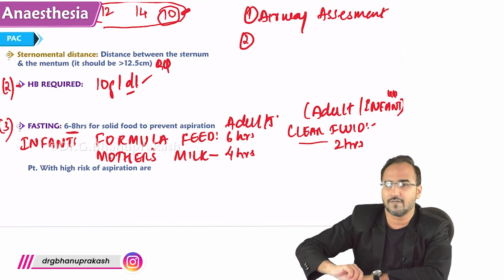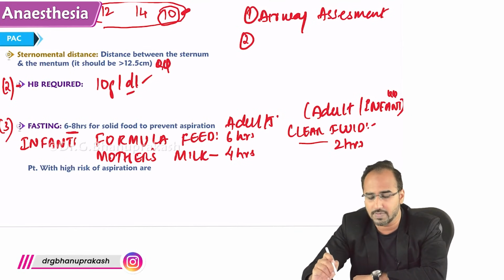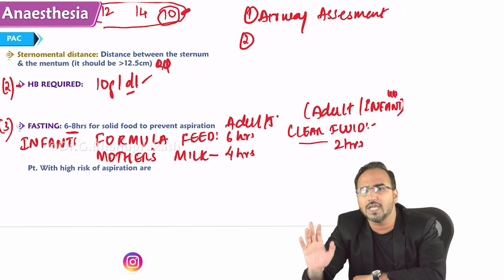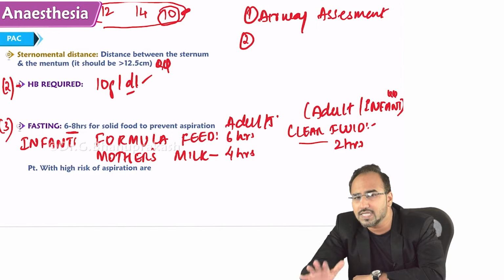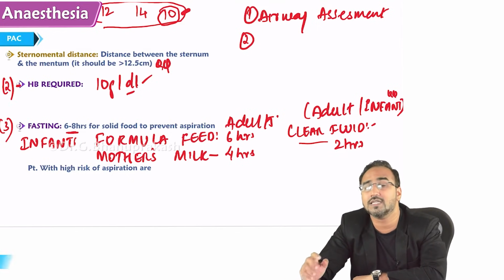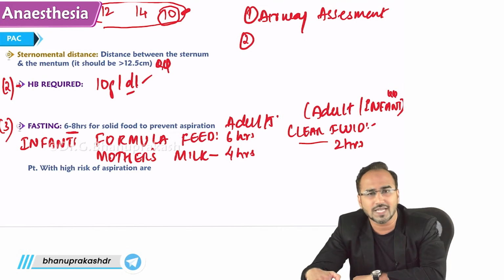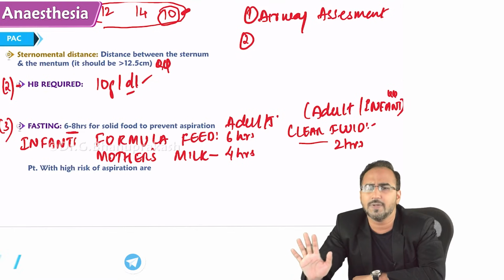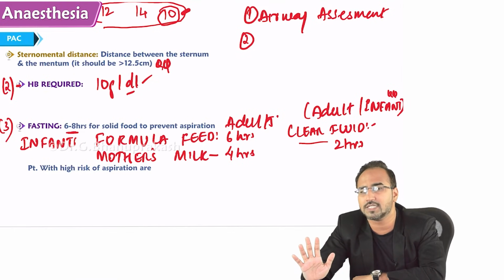So remember, guys, that is regarding the fasting. But you also need to remember, even though you tell some patients to be in a fasting state, 6 to 8 hours of fasting, and they might be in a fasting state, still they are at higher risk of aspiration.